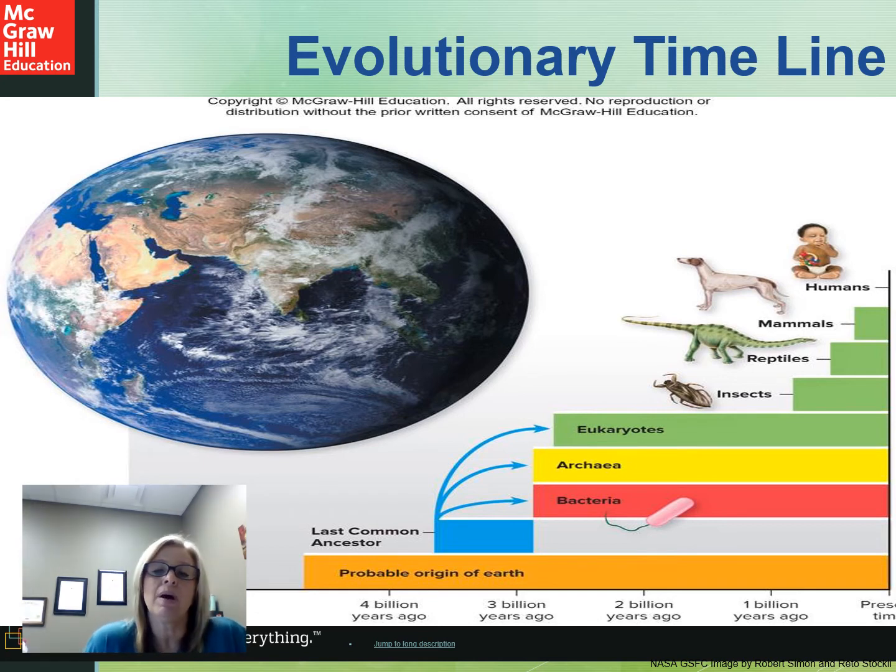Eukaryotes appeared only about 1.8 billion years ago, then insects 500 million years ago, followed by reptiles, mammals, and then finally humans. On the scale in the figure, humans are the most recent to have appeared, and haven't been around nearly as long as some of these other critters.